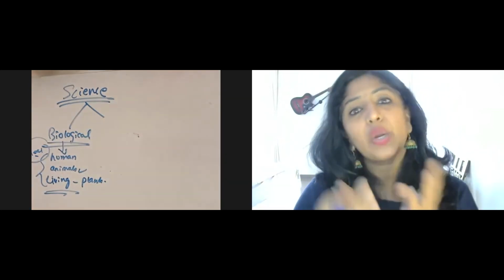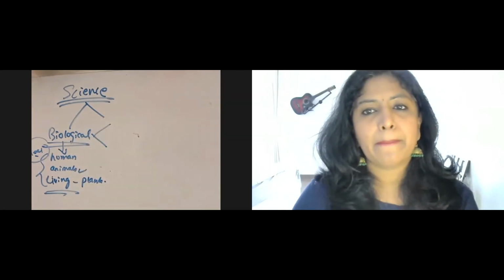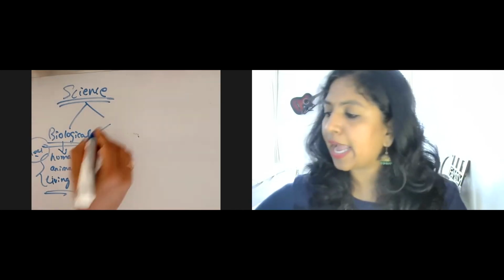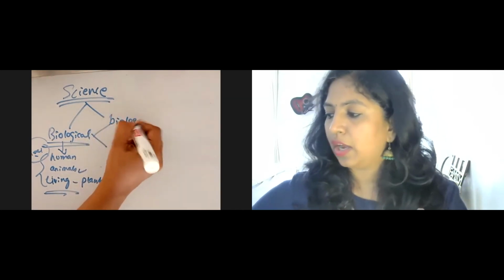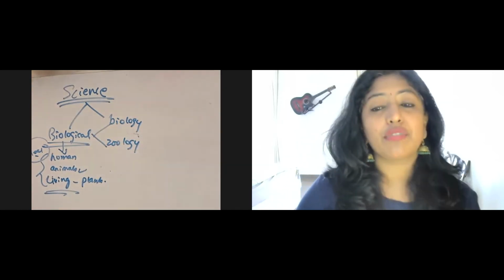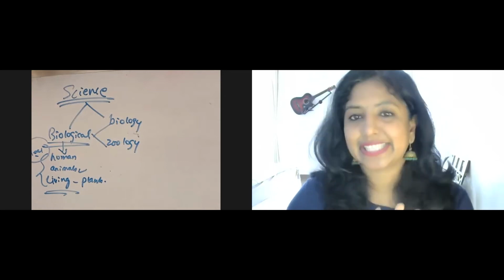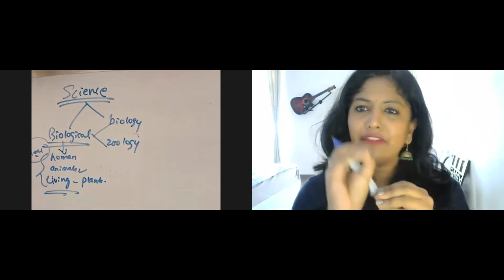So I could have this divided into biology and zoology. You don't have to worry about introducing such big terms to the child, but I'm going to be helping you to work on these exercises. So we have biology and we have zoology.